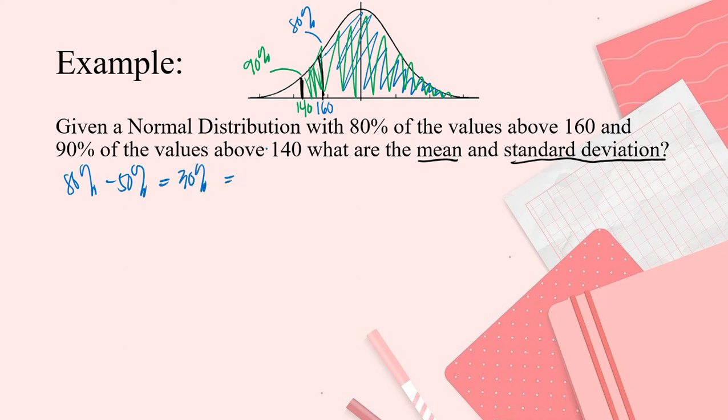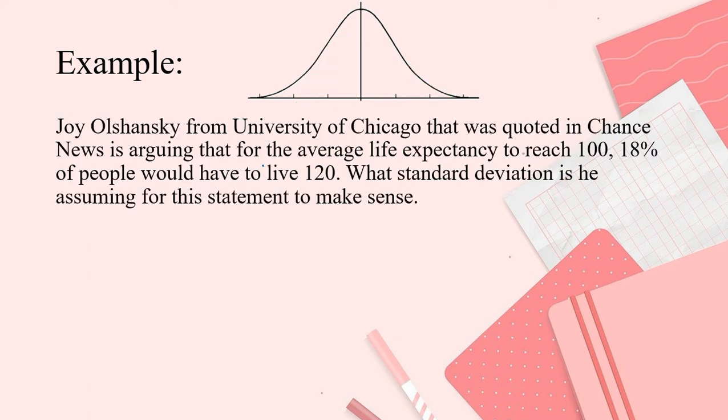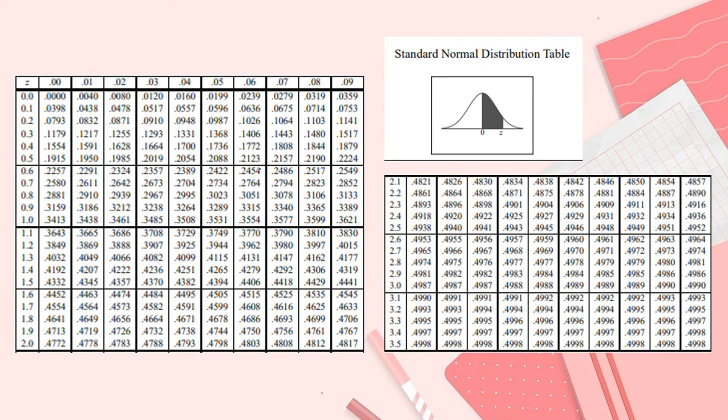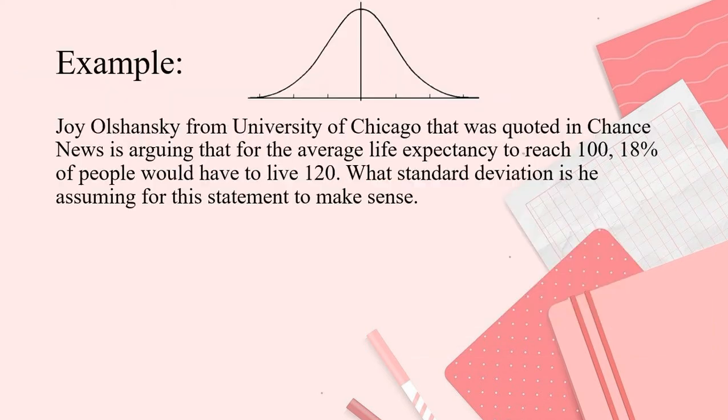So, 30%, hanapin yung pinakamalapit sa 30% sa ating given na distribution, that is 0.2995. Pinakamalapit po. And that is 0.84. Okay.